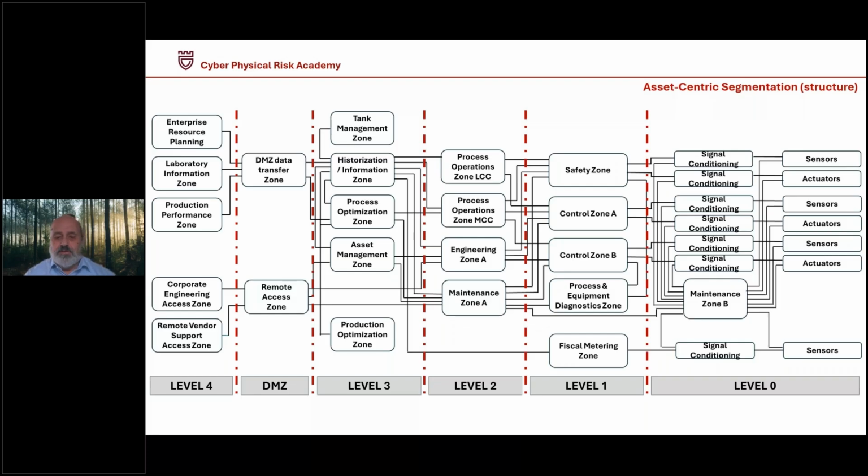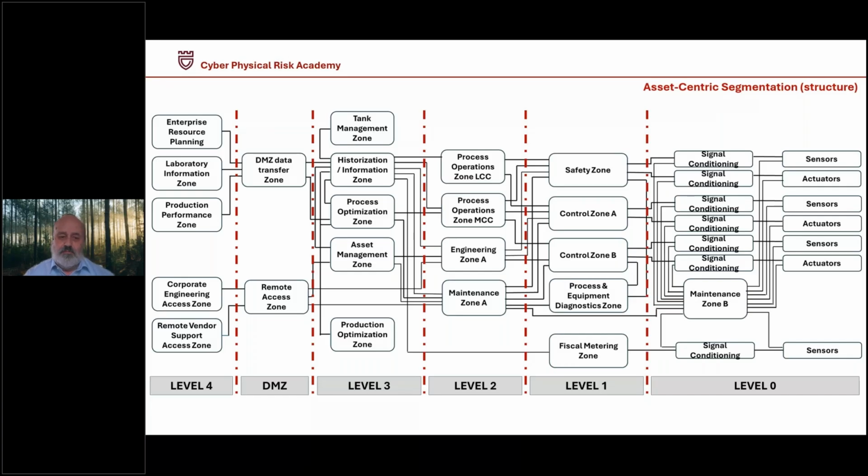So this is a small refinery. On the left side, you find all kinds of level 4 functions, from the ERP to the LIMS, the Laboratory Information Management System, and various production performance zones where people can see how the process is actually performing.